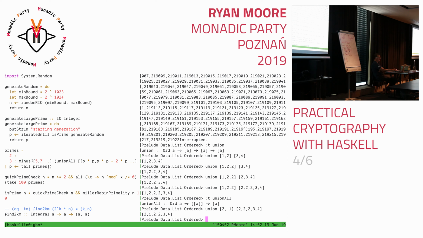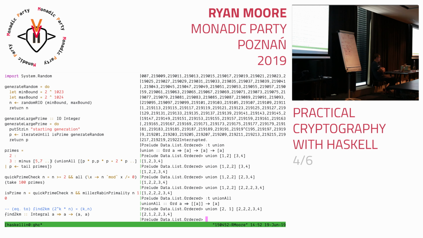So 2 cons to 3 cons to 5, 7, ... what's that going to be? 2 plus all odd numbers. Except 1. And so then we have minus with the list of all odd numbers greater than 3 with this union all.